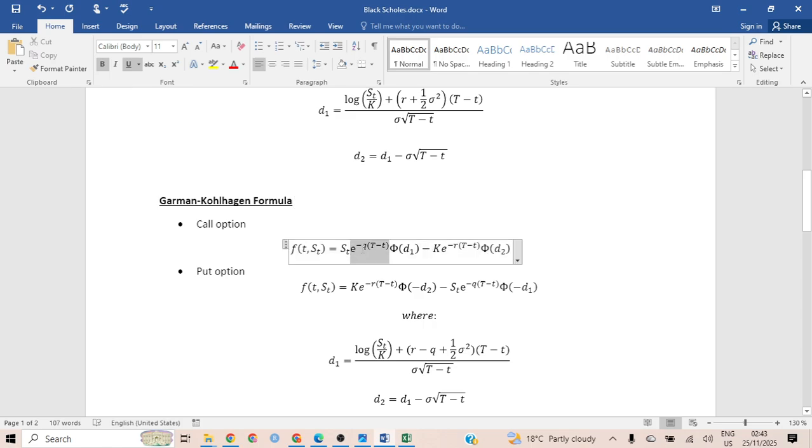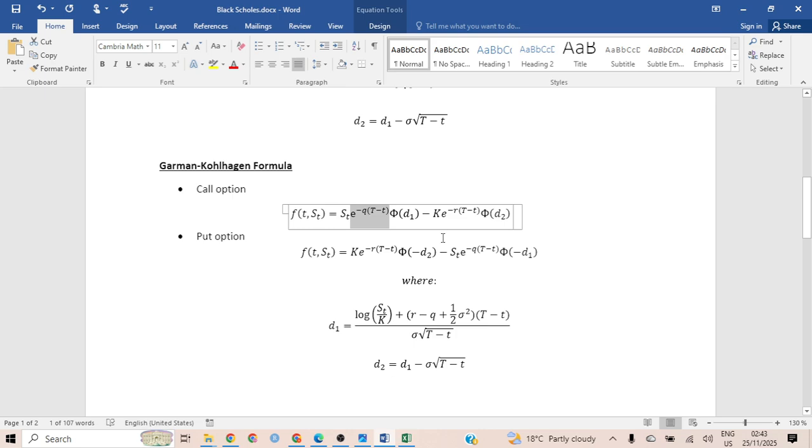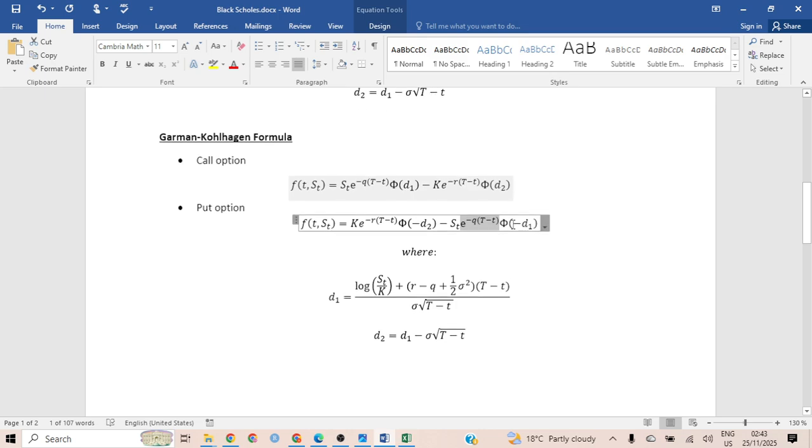So you see here, this is what is used to account for the dividend rate. Again, it is attached to the share price and not the strike price. Be very careful with that. Similarly for the put option, it will be attached to the share price and not the strike price.